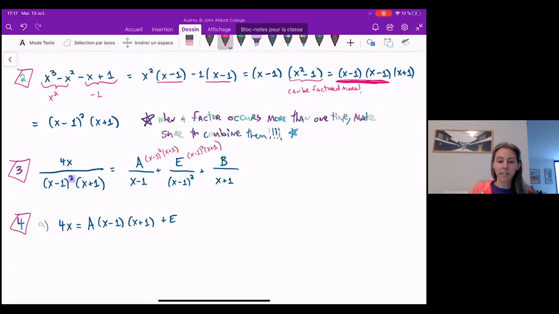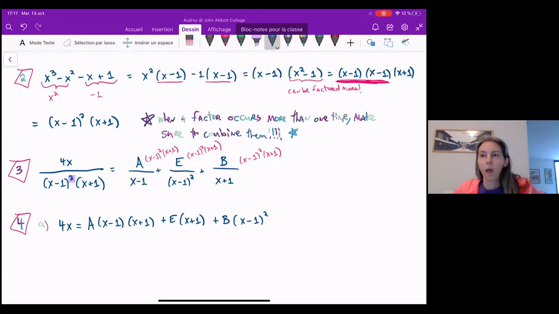In this case, the x minus 1 squareds cancel out, and E is just multiplied by x plus 1. And then plus B, I'm multiplying this again by x minus 1 squared times x plus 1. Those x plus 1s cancel out, and I have just x minus 1 squared left over.